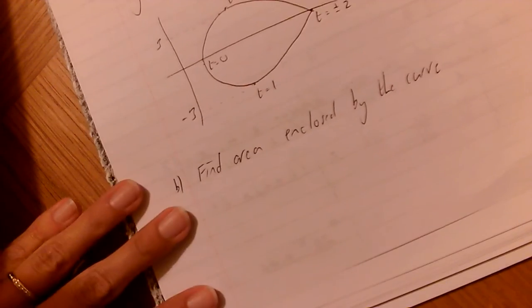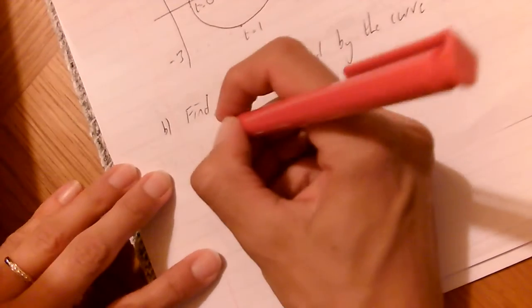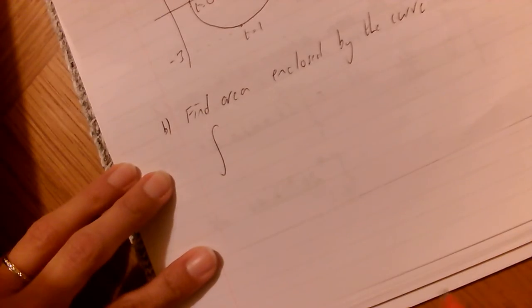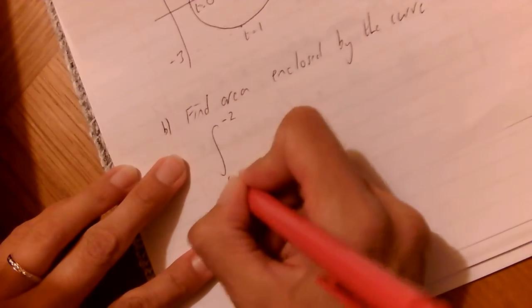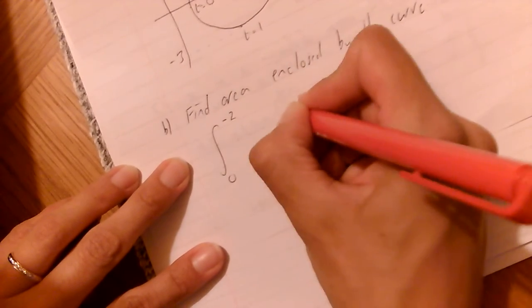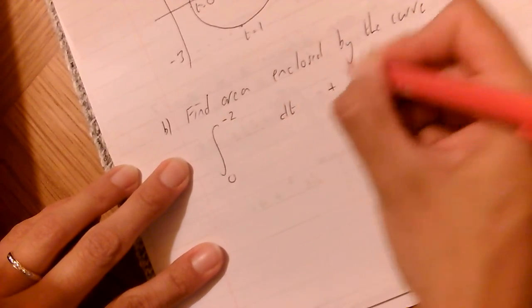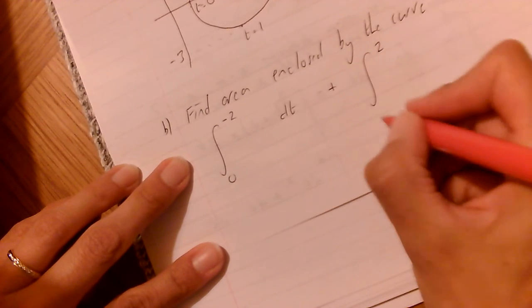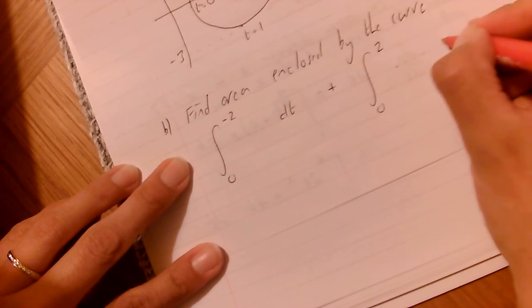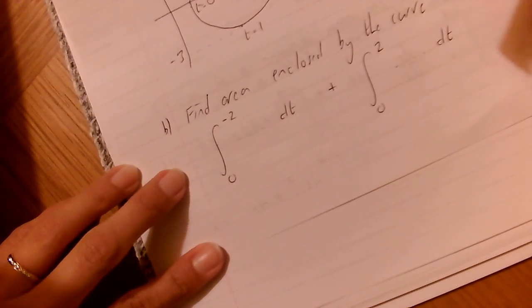So what I am saying is that we are going to be integrating between -2 and 0 dt plus, and then we're going to do it between +2 and 0 dt. Okay, that's the plan.